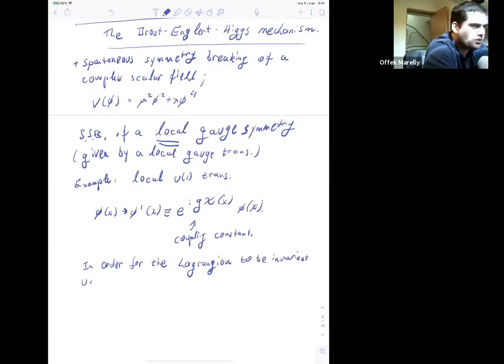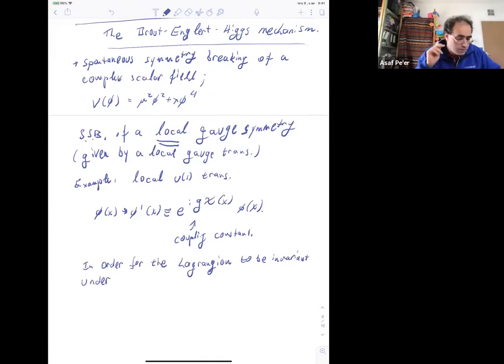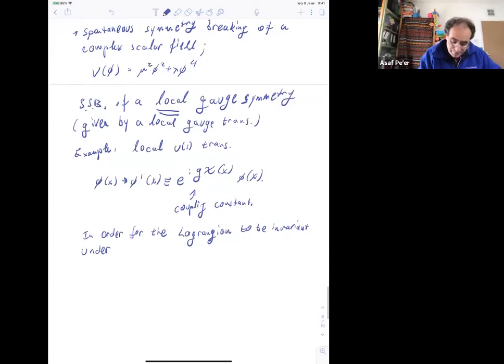We added a term to the derivative. We replace it with a covariant derivative. Very good. We replace the derivative with a covariant derivative.